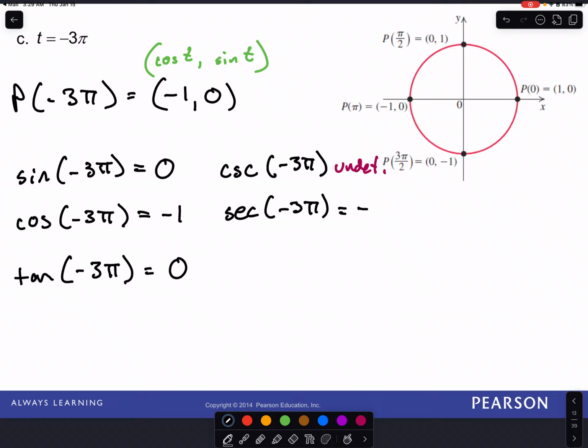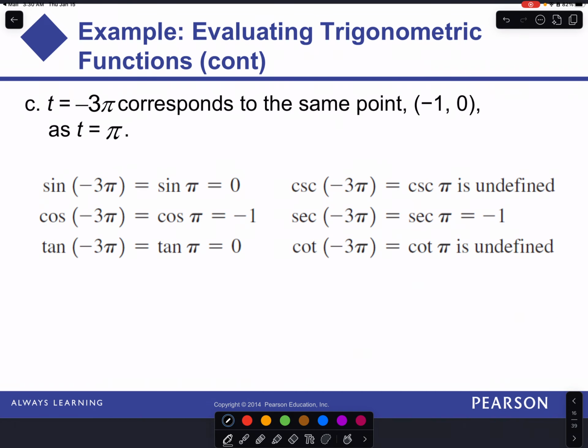That one should be negative 1. And the reciprocal of tan is cotan of negative 3 pi. And that one's going to be undefined as well. Okay. All right, so we got 0, negative 1, 0, undefined, negative 1, undefined. Let's see, how do we do? Okay, I think we're good.